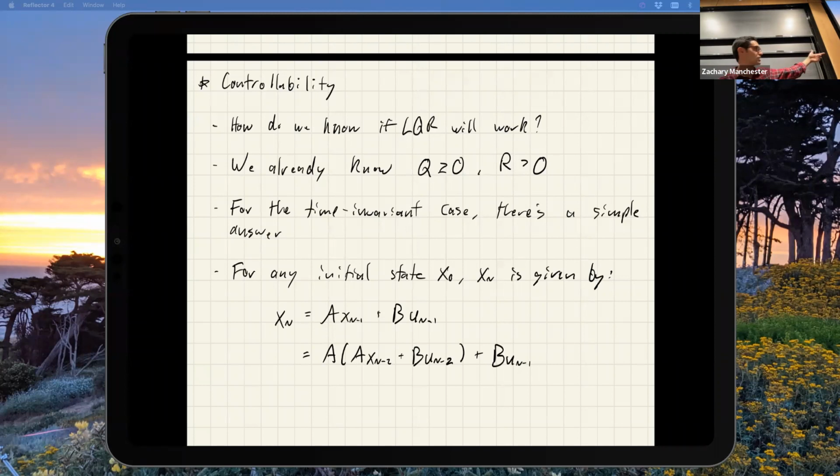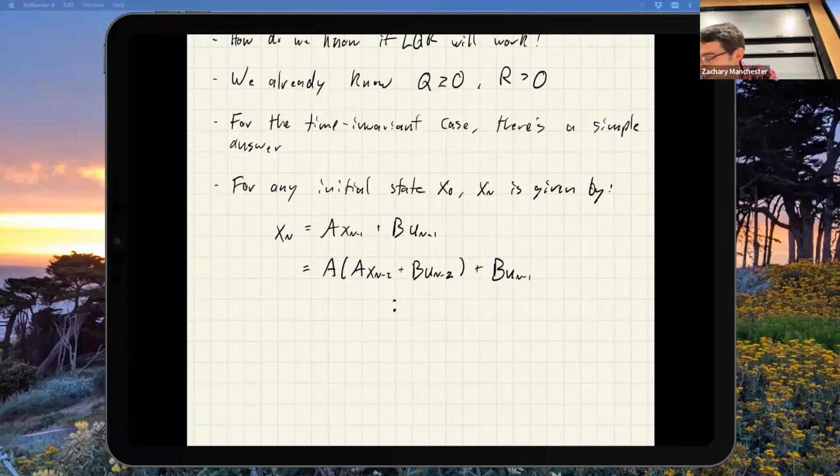See where I'm going with it? I'm basically just going to keep plugging in the dynamics from earlier times, and I'm going to get this recursion, right? Then skip ahead. And what you'll end up with if I keep going backwards like this is the following: A to the n times x naught plus A to the n minus 1 B u naught plus A to the n minus 2 B u1 plus ... and then finally B times u n minus 1.